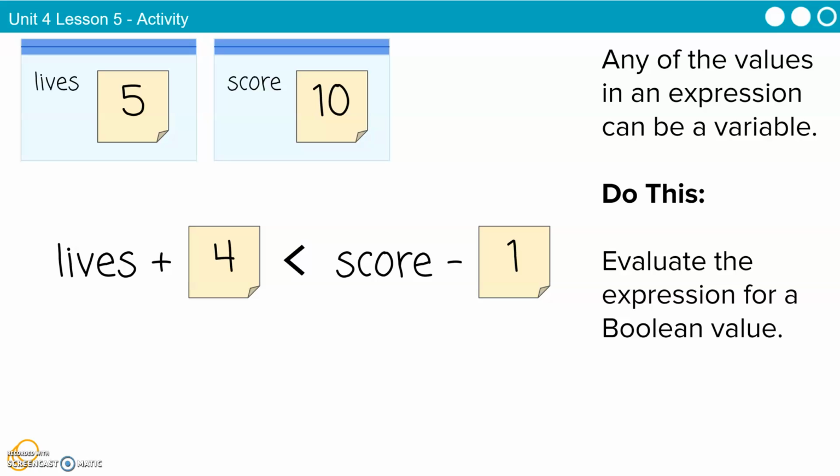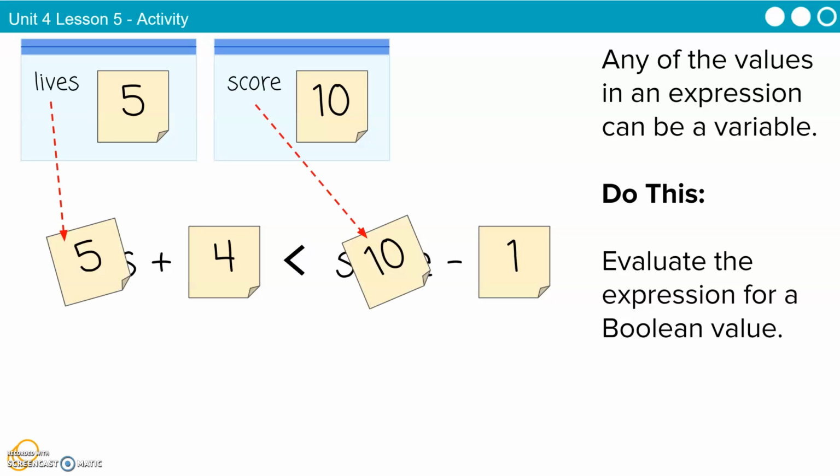Now that we have that idea, let's see how we might apply that if we were doing some computer coding. So in this case, we have to think back to the Ziploc bags that we use. That's how we store these kinds of information in this variable, like that Ziploc bag variable. So if we stored the information lives and we gave it the value 5, and we stored the information score, like we had a game where you had lives and score, and maybe in there we stored a 10, then we could just see, oh, is this true or false?